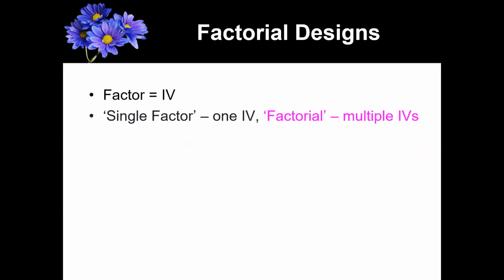That's an example of a factorial design where you have more than one independent variable. When you only have one independent variable, it's going to be a single factor design. Multiple independent variables, multiple things you manipulate, is going to be factorial.